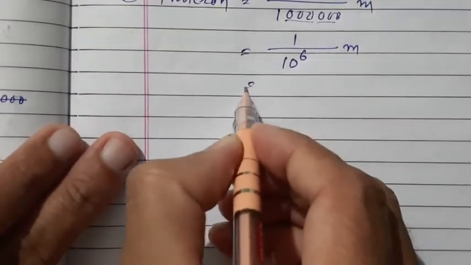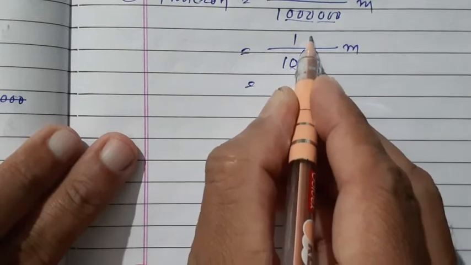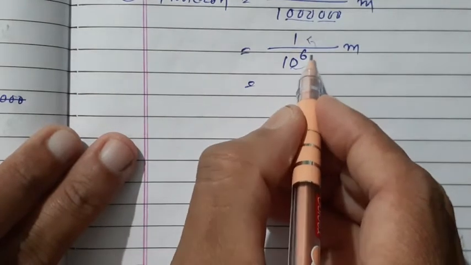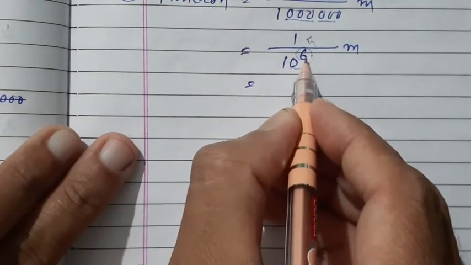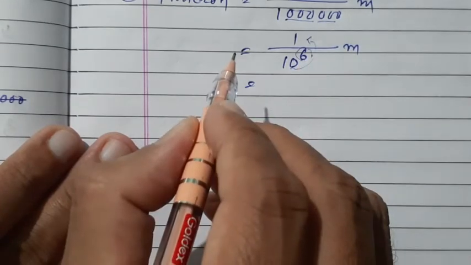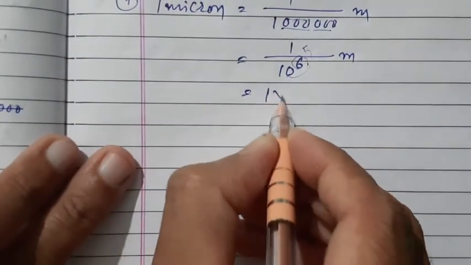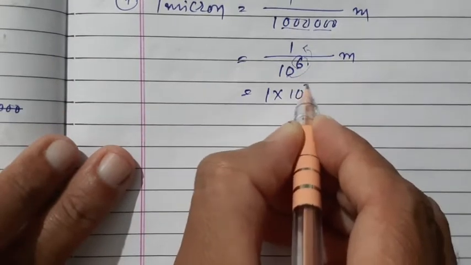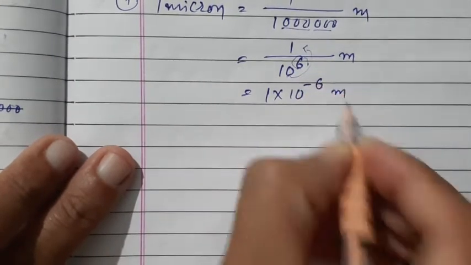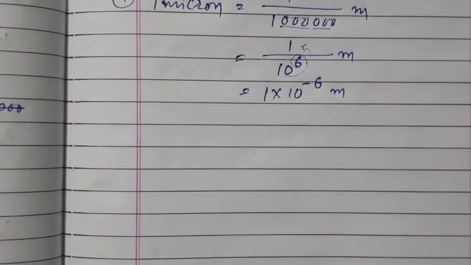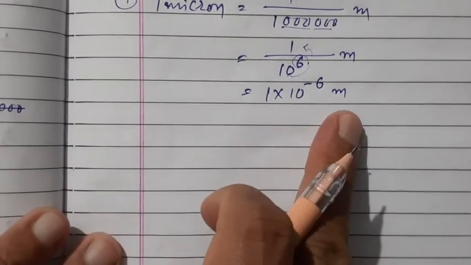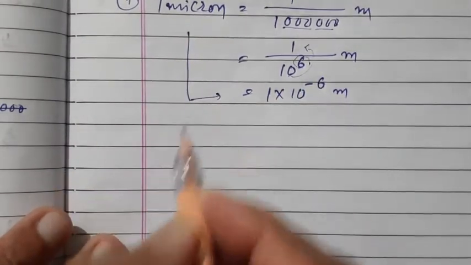So 10 to the 6 we take to the numerator side. So what happened? The sign of the power should be changed. So 1 into 10 raised to, here plus 6 there, here it comes with a minus sign, minus 6. So 1 into 10 raised to minus 6 meter. 1 micron equals this.